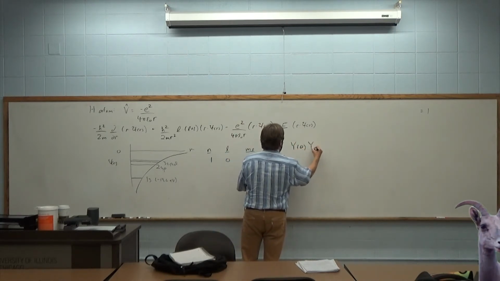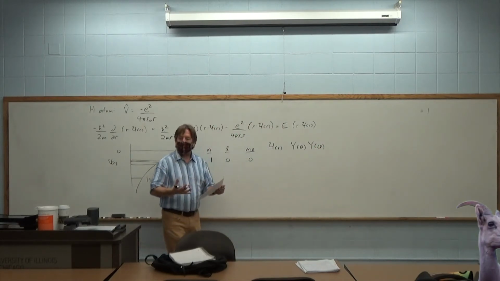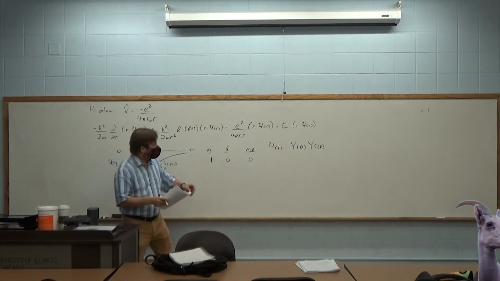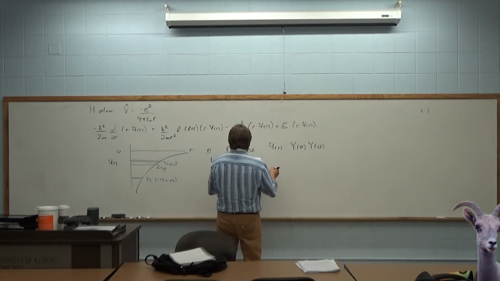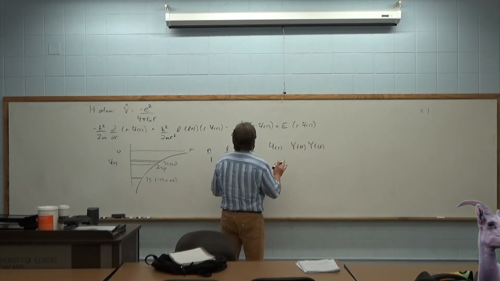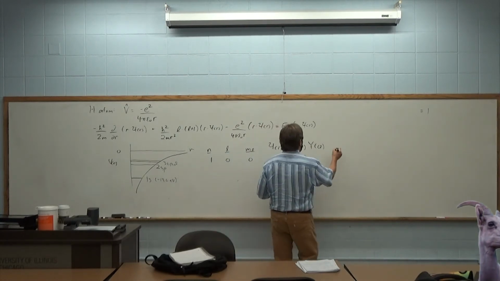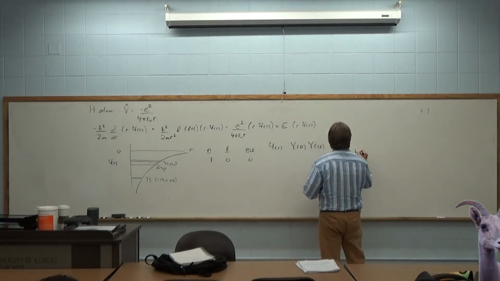Traditionally, we call the wave function with the angles Y instead of that Greek psi. Another thing you can do, let me put this like this. I'm going to call this H Mike.